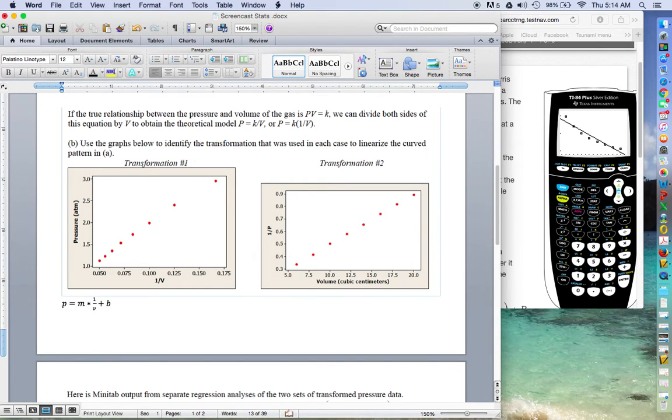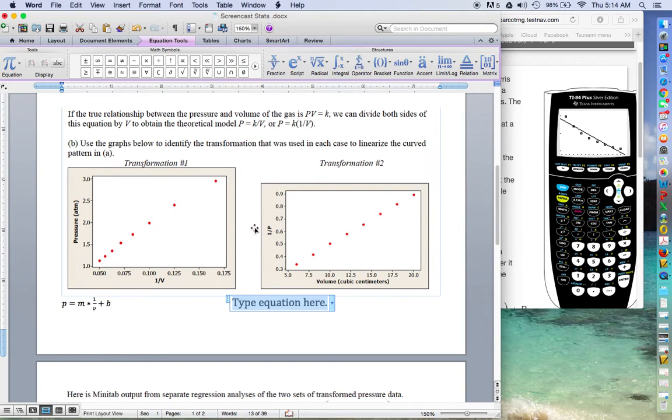For transformation number 2, you can see that it looks like they tried 1 divided by the pressure and left the volume alone. Sometimes they'll do both. In this case, they just tried reciprocaling the y's and reciprocaling the x's separately.